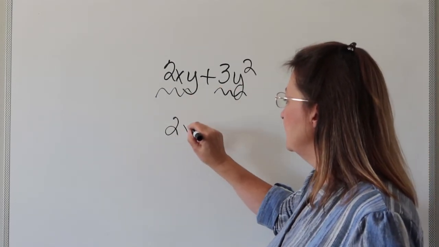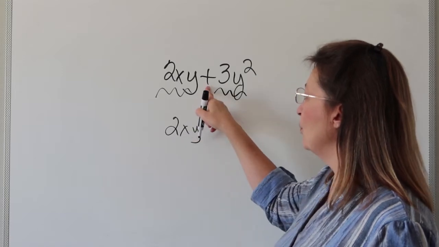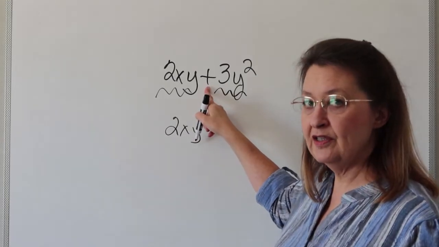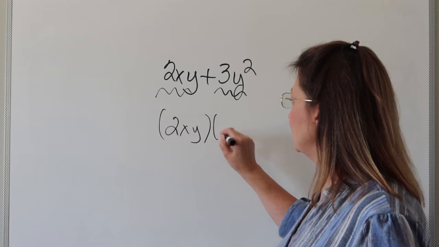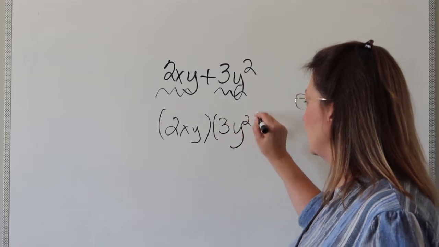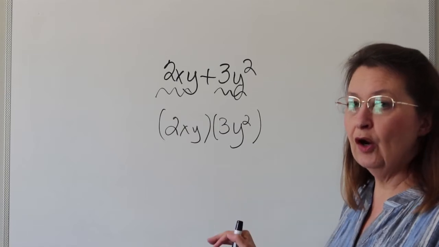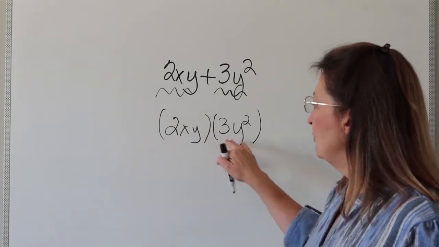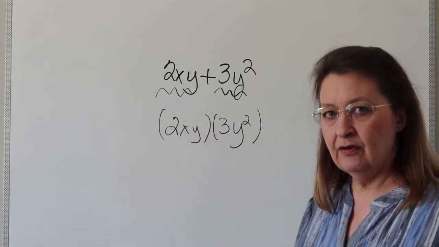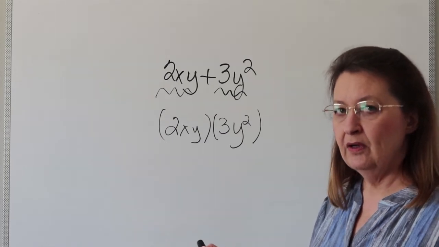Now the difference is terms are joined together by addition and subtraction signs. If I had 2xy times 3y squared, this whole thing makes one big term, but each separate piece is a factor because it's multiplied together.